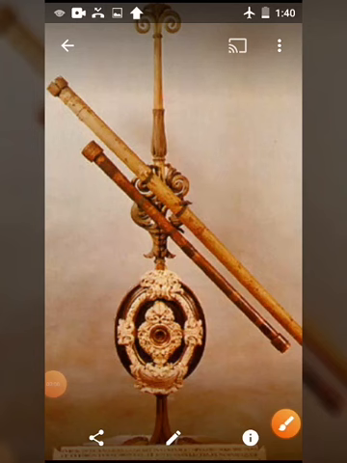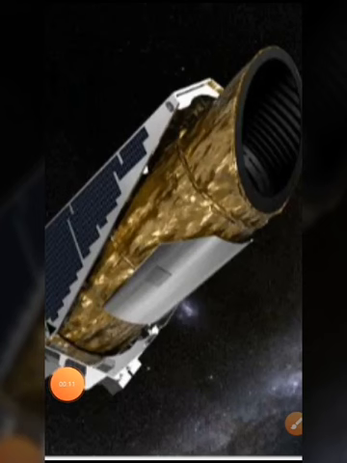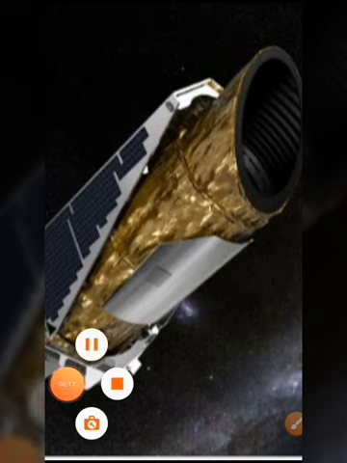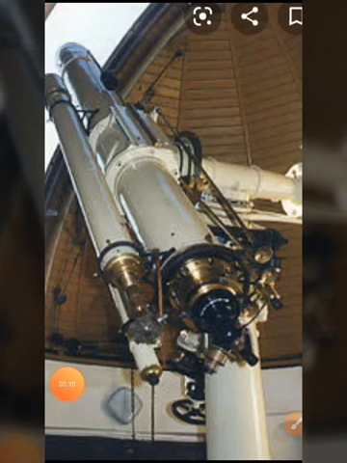See this picture. This is the Galilean telescope. It is made up of lenses, so it is one of the refracting telescopes. This is the Keplerian telescope. It is one of the refracting telescopes. And this is also one of the refracting telescopes.